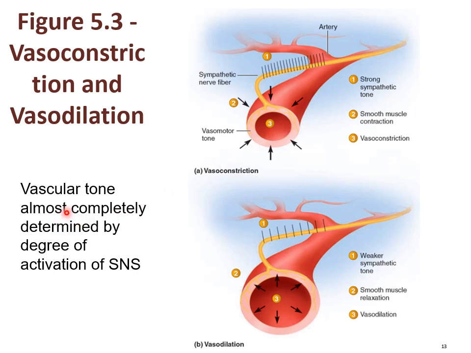So it's worth noting that the vascular tone, the degree of constriction versus dilation, is almost completely determined by the sympathetic nervous system. This is in contrast to what we've been saying up to now, that you have that duality of function.